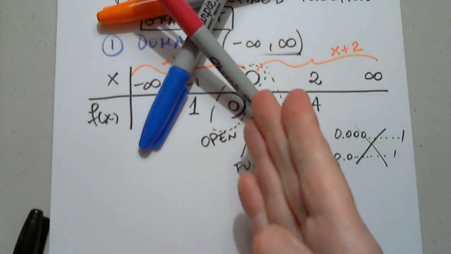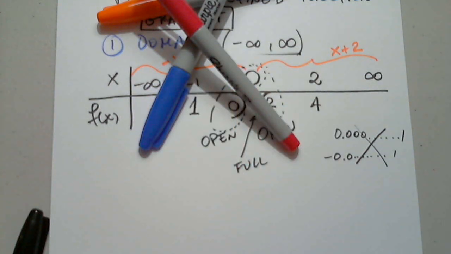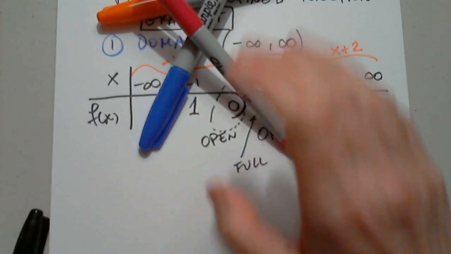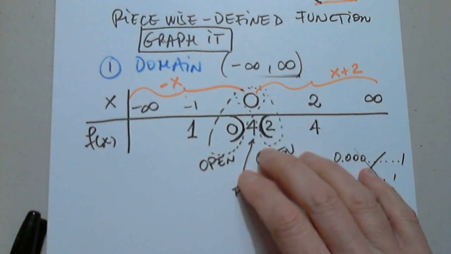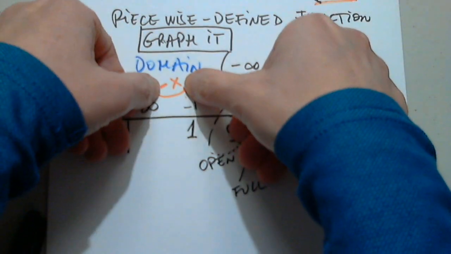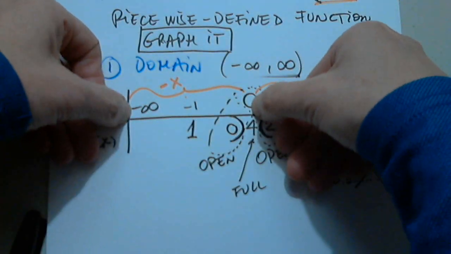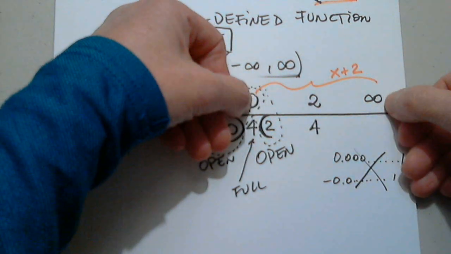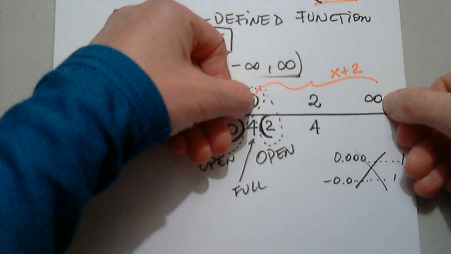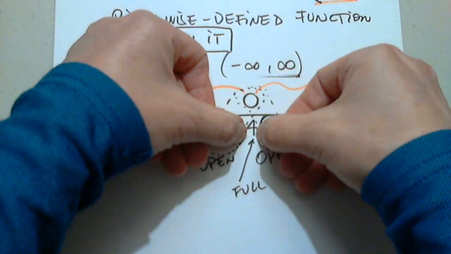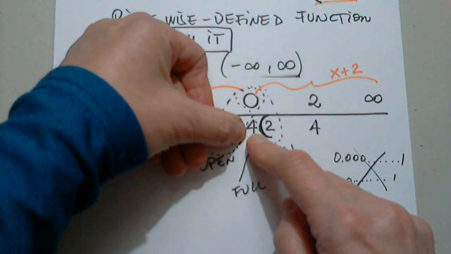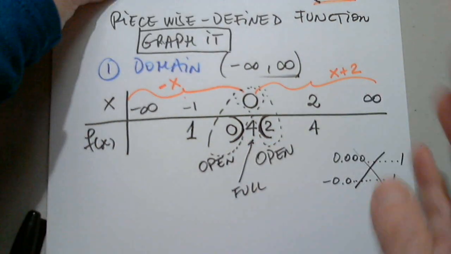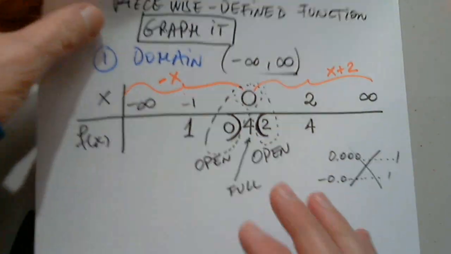If I graph something like this, is this the graph of a function? No. By the vertical line test, it is not. So again, what does this say to us? You can only graph negative x only between these 2 values. You can only graph x plus 2 between these 2 values. You can only plot 0, 4 only for this point. You cannot extend anything to the left or right.